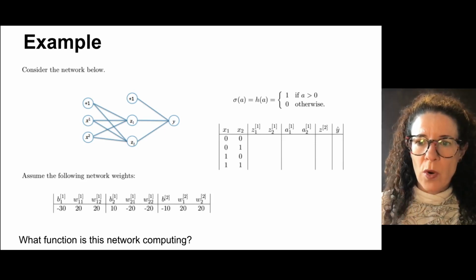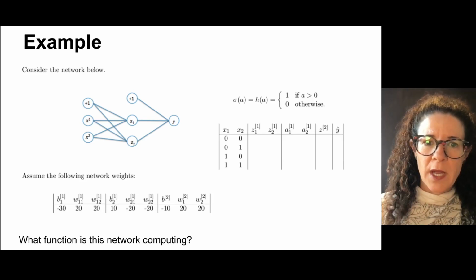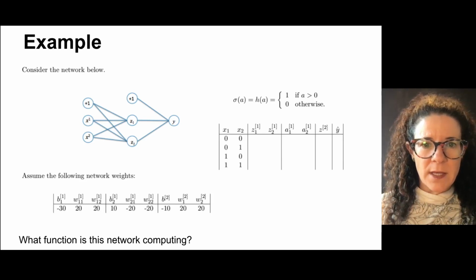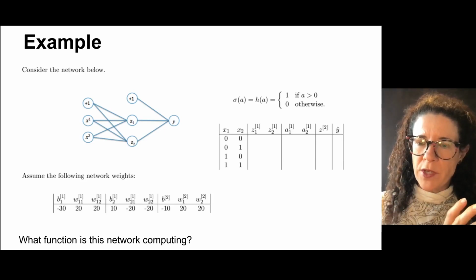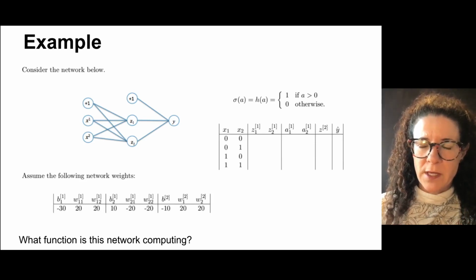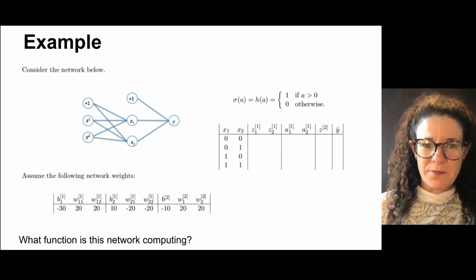So basically work with these equations to compute z1 and z2 and a1 and a2, and at the end compute y hat. Okay, so go back to the equations and try to fill out this table here.